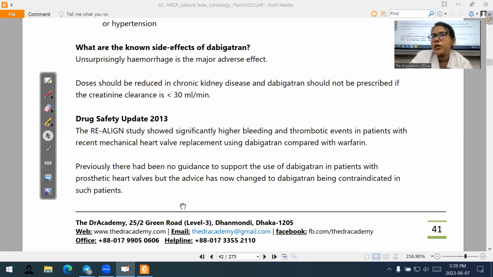You can give the PT and INR to the patient and adjust warfarin accordingly. That's why in advanced countries they give a yellow book which contains their INR record, making it easier to monitor. So in valve replacement patients, there is still an indication for warfarin.